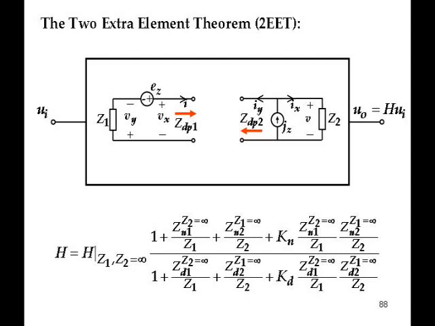So I'll simply state what the two extra element theorem is, where you have two elements, you do two injections, and this is the result that you get. And you don't have to look at the details of this except to notice some symmetries. First, you notice that the denominator is always the same form as the numerator.